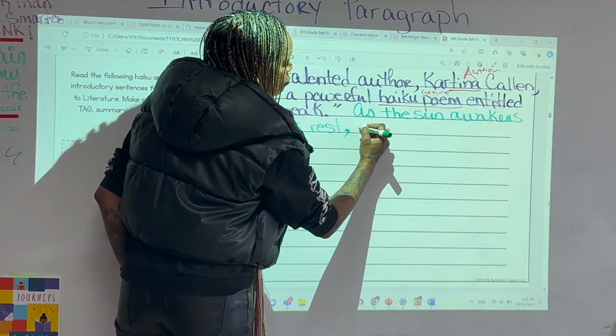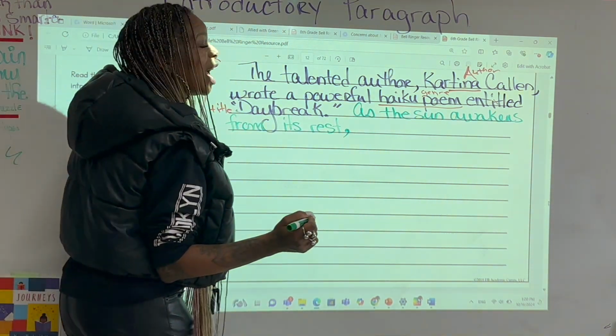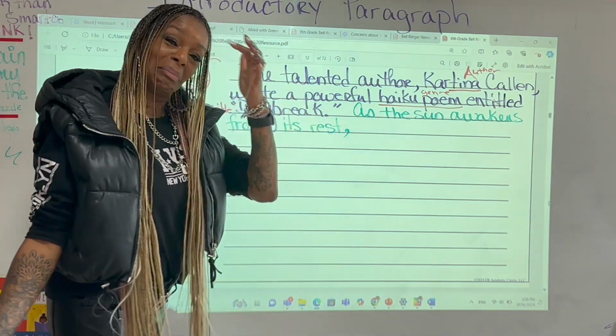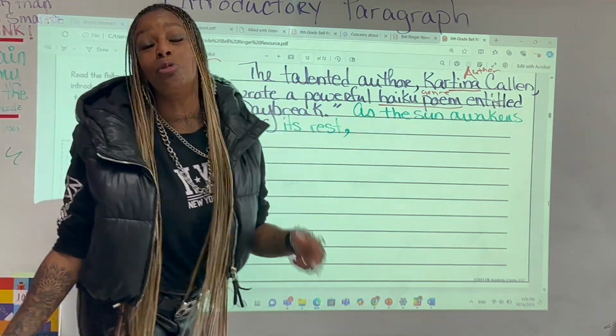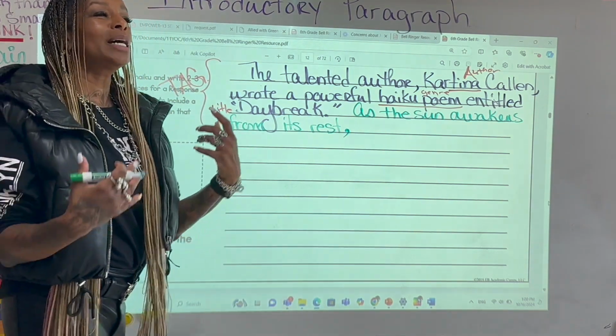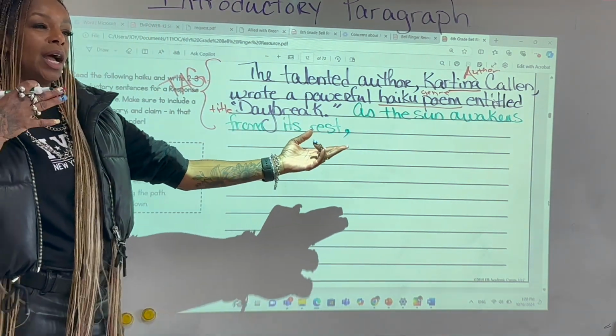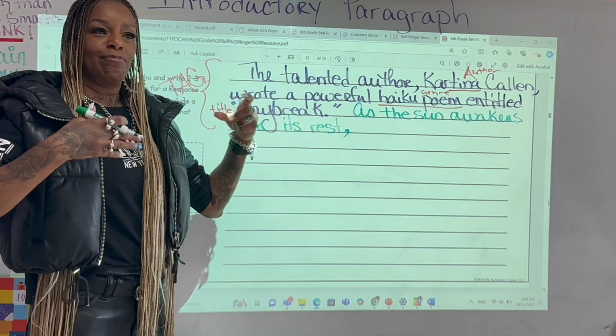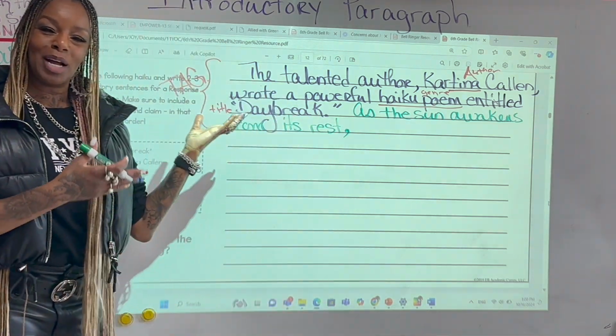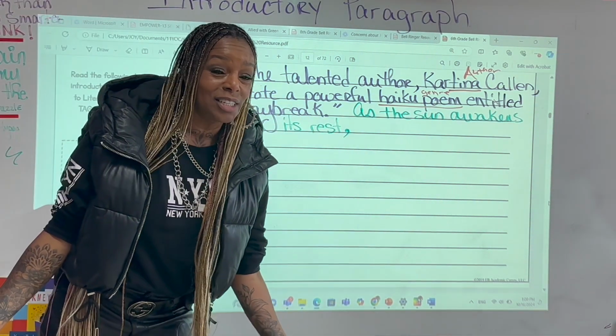I'm going to say, I'm going to call the sun a she, okay? You could call it a he. You call it what you want. I'm going to call it a she because I'm giving real life characteristics to my sun, which is called personification, right?